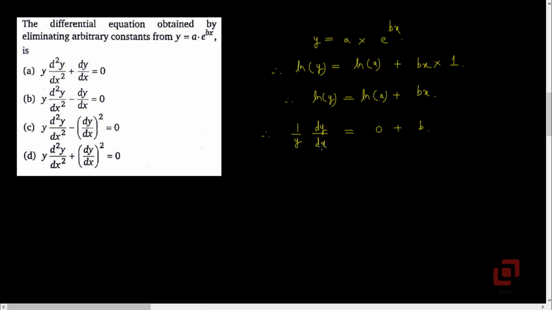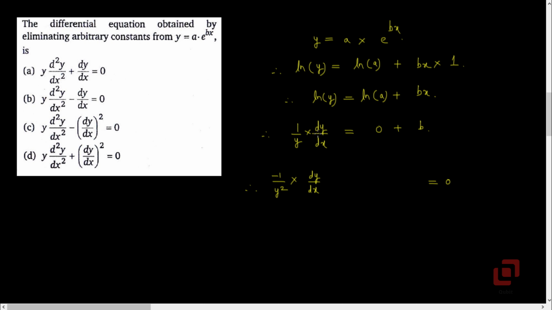Now let us differentiate this one more time to eliminate b. Observe that the derivative of the right hand side is 0 because it consists of only the constant b. To find the derivative of the left hand side, we have to apply the product rule of differentiation and chain rule. Derivative of 1 upon y with respect to x will be minus 1 upon y squared into dy by dx.